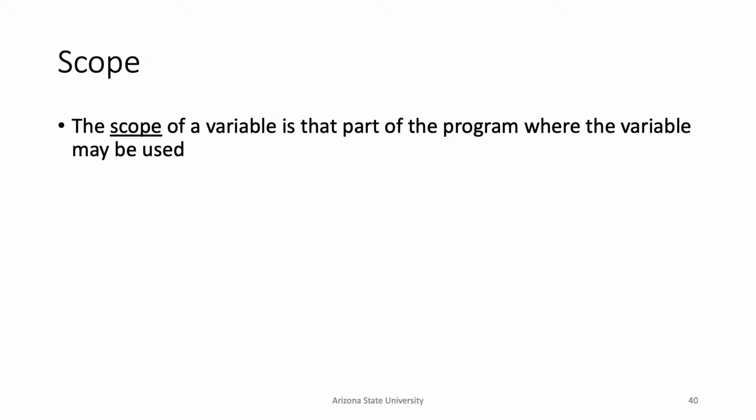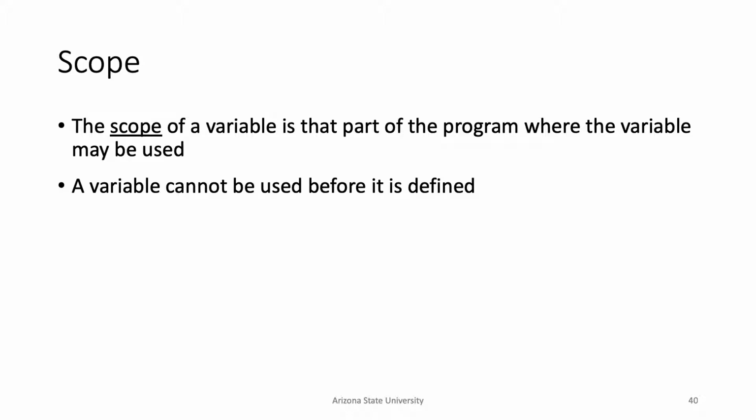The scope in general is you declare a variable somewhere in the program, and then the scope of that variable is everywhere where you can actually use that variable. So what we have seen so far is the scope of a variable is you declare it somewhere, and then the scope of the variable is from there all the way through the rest of the program. That's what we know as scope so far.